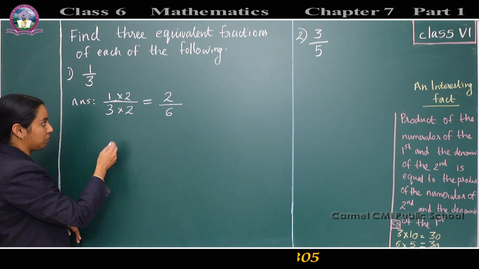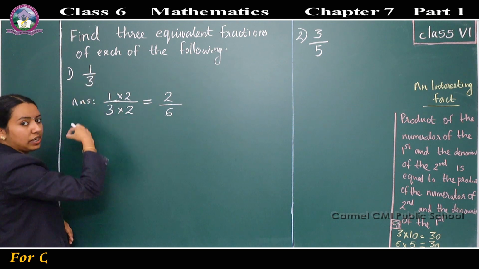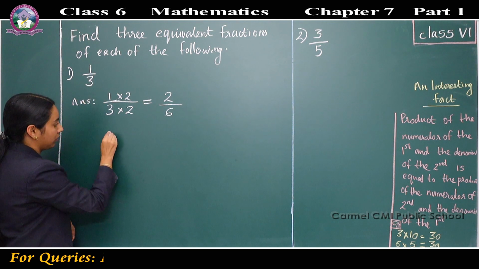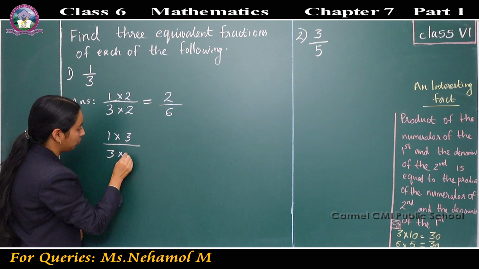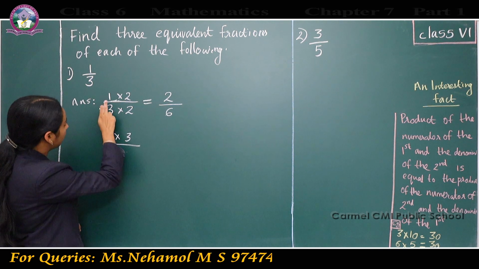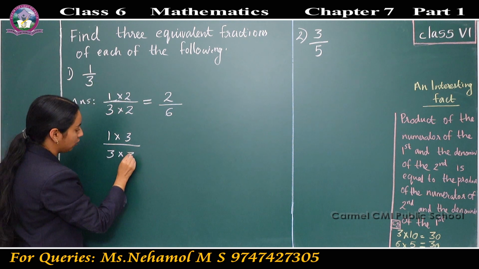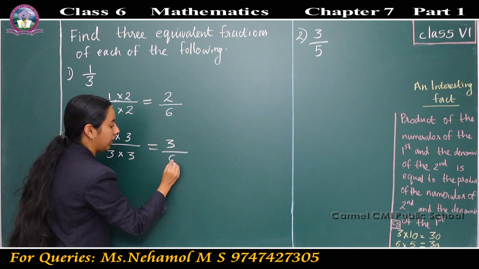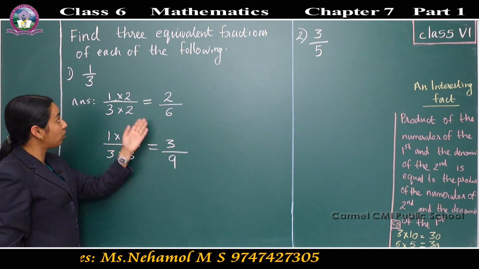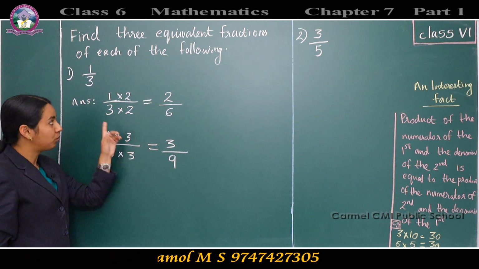Then again another number. We can multiply both numerator and denominator by 3. 1 into 3 by 3 into 3. 1 3s are 3, 3 3s are 9. 3 by 9 is also an equivalent fraction of 1 by 3.